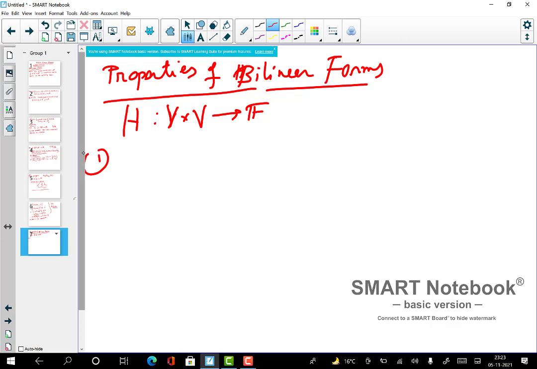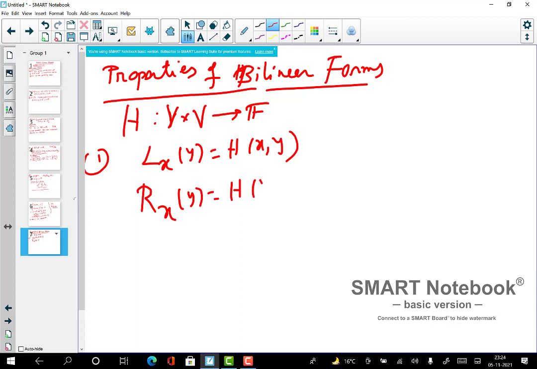So for example, let us define two maps. One is the left multiplication or whatever. So you define Lx on any vector y by H of x, y, and define Rx, so right, the x will come on the right side, so it will be H of y, x.